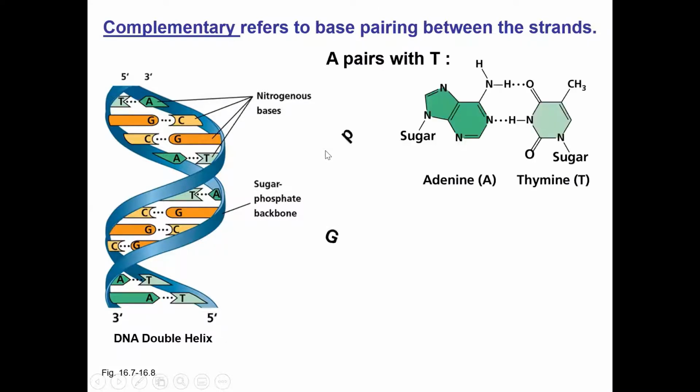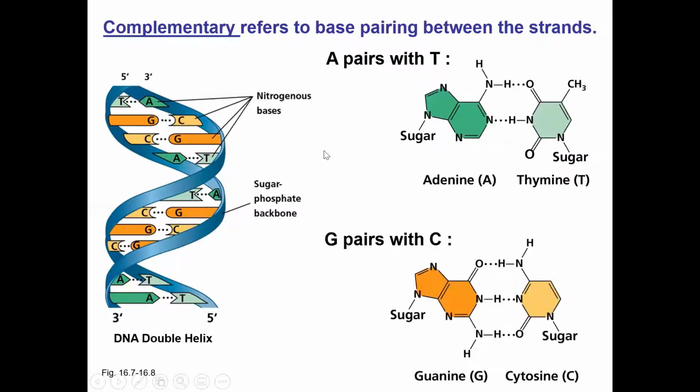So of course that means we have A pairing with T and G pairing with C. Adenine and thymine have two hydrogen bonds, as seen on that diagram. The hydrogen bonds, remember, are these little dashed lines, and G and C have three hydrogen bonds. That's what complementary means. It means that the strands are not identical, but they are complementary. So complementary base pairing.